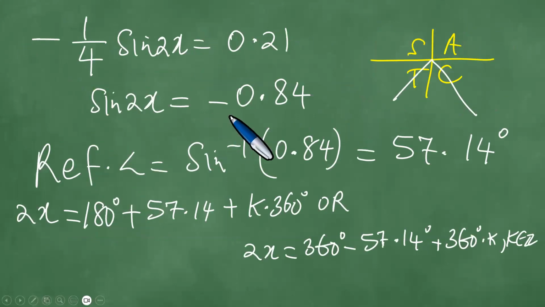Okay, cross multiply, which is minus 0.84. So now the reference angle therefore becomes arc sine of 0.84, which is 57.14 degrees.